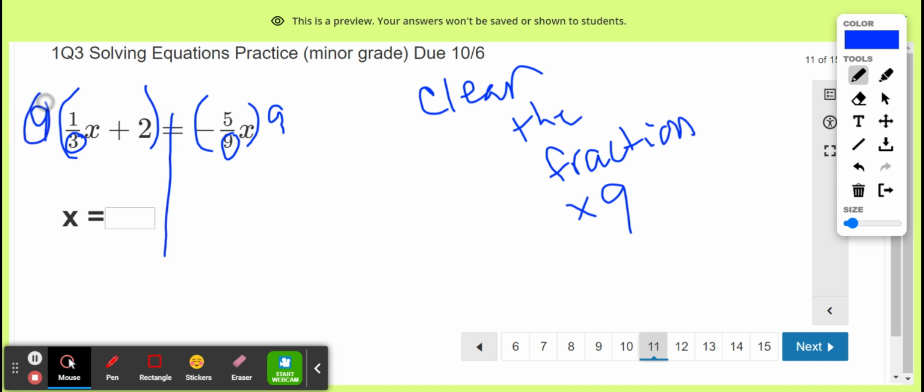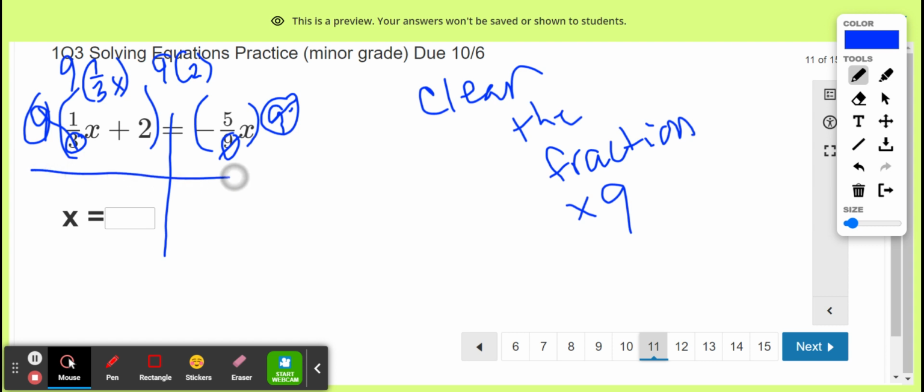So 9, we're going to distribute 9 times 1/3 x and 9 times 2. And then we have 9 times 5. So the multiplying and dividing by 9 on the right side will cancel.